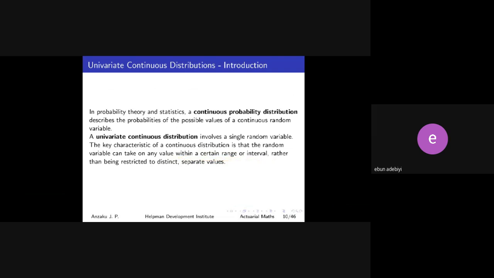Now, continuous distributions are often described using probability density functions, and the probability density functions specify the likelihood of the random variable taking on specific values. Then also the area under the PDF curve over a certain interval represents the probability of the variable falling within that interval. So that's the use of the curves.